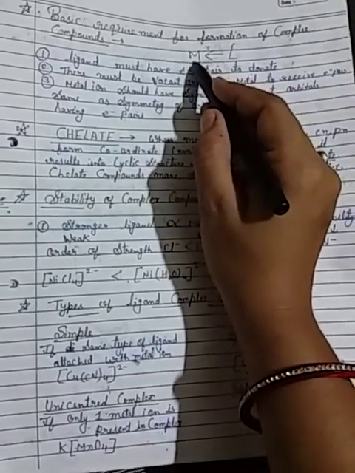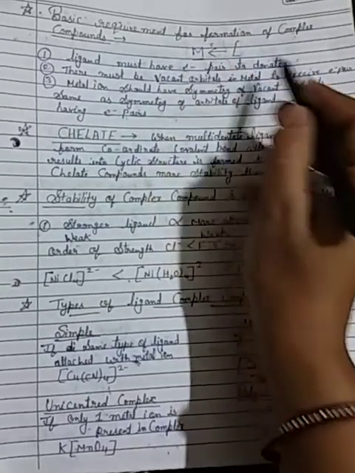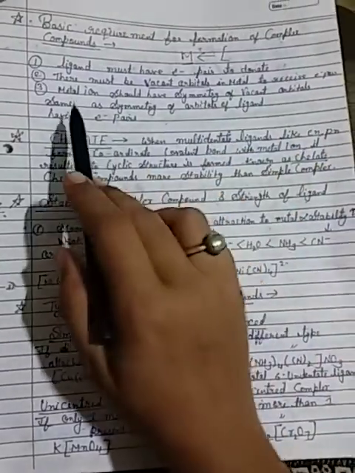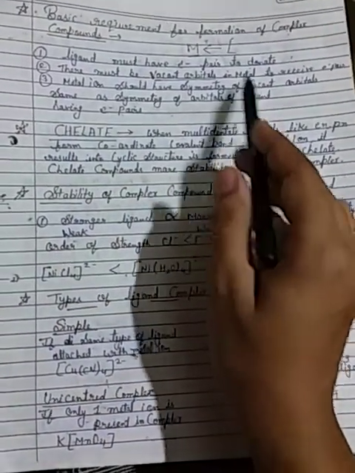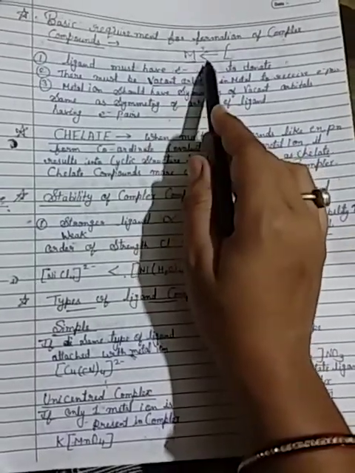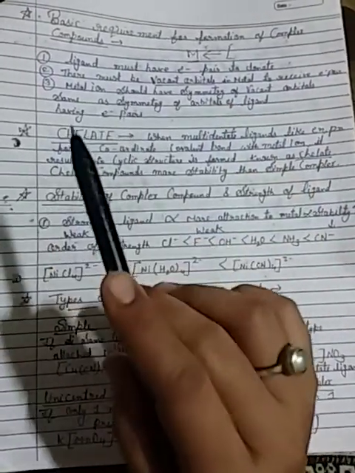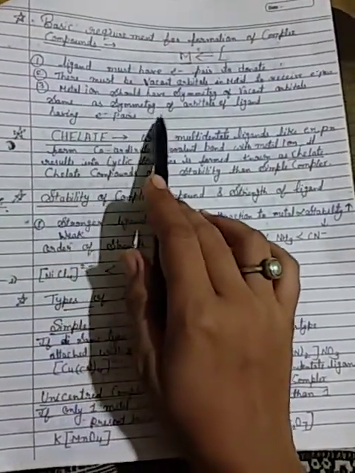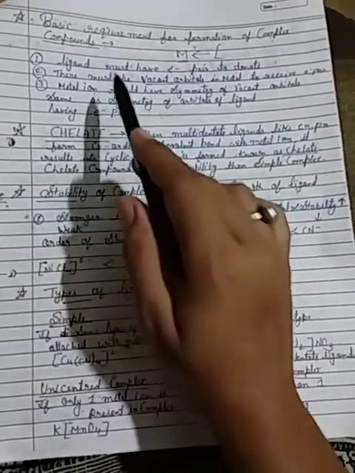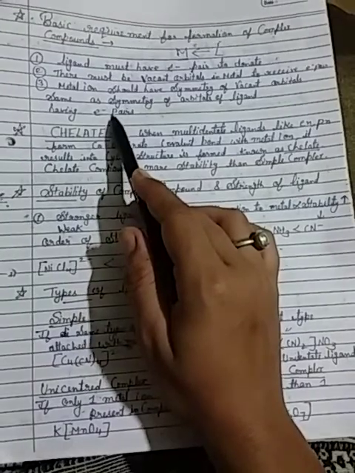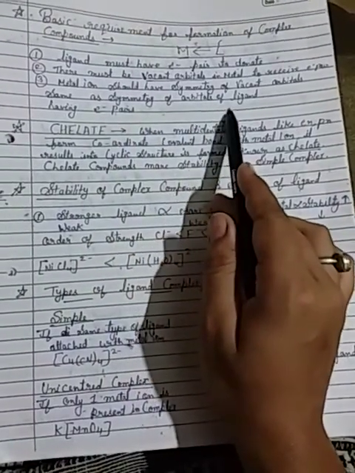Second, there must be a vacant d orbital to receive the electron pair. Then third, the metal ion should have symmetry of vacant orbital that matches the symmetry of the orbital of the ligand having electron pairs. So these are three basic requirements for formation of a complex compound.